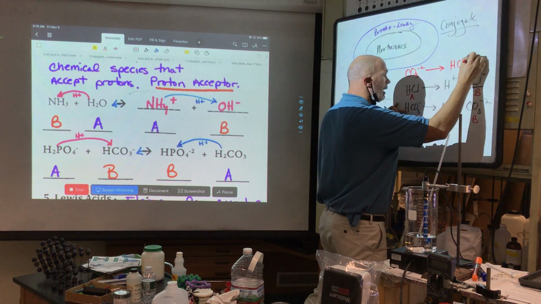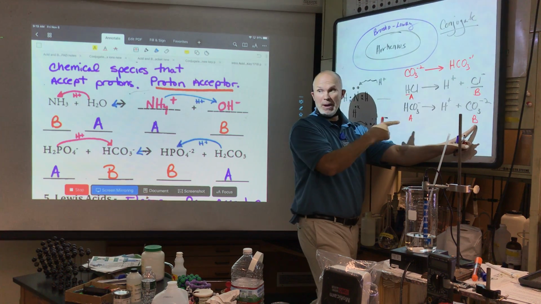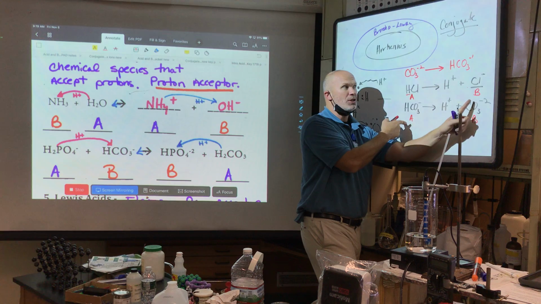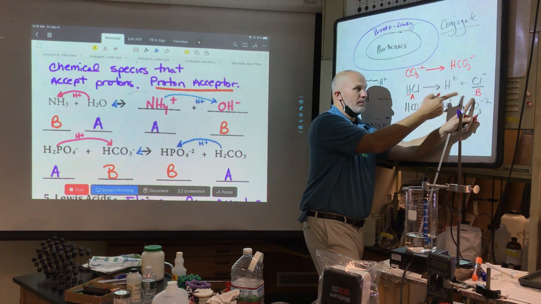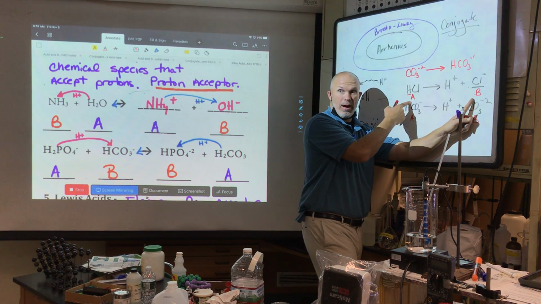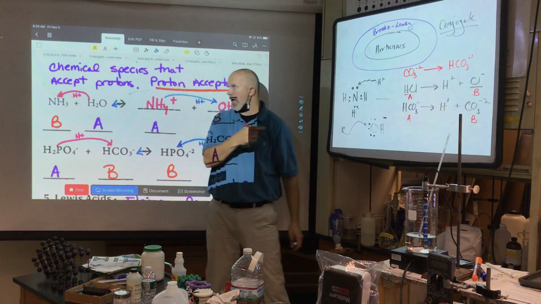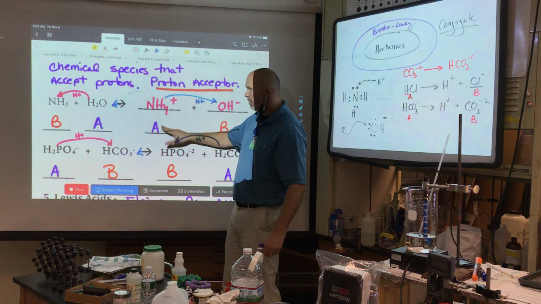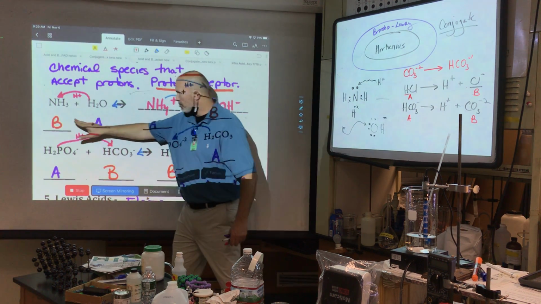HCO3 -1. That's the base, and that's its conjugate acid. What's the conjugate acid of Cl negative? HCl, correct. So when I ask for the conjugate acid, it always has one more H plus than its base.